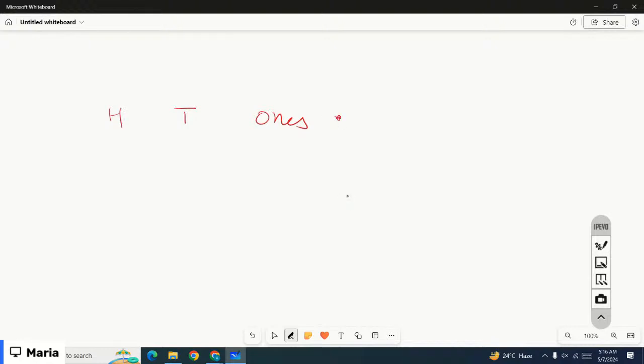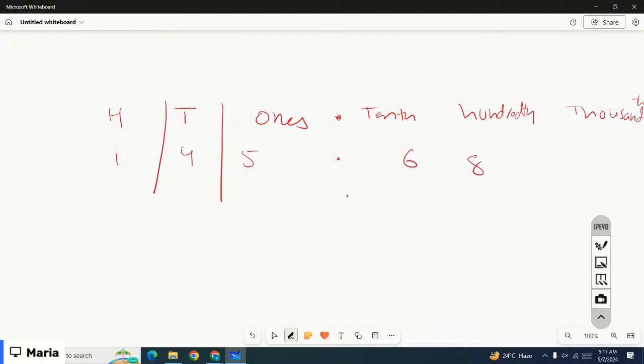Then here is the decimal point. The one after the decimal is tenths, then hundredths, then thousandths, right? So in 141.4568, 1 is at the hundreds position. So you can keep this chart in your notebook.